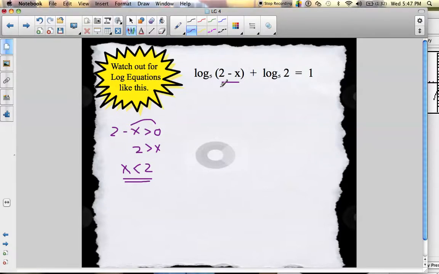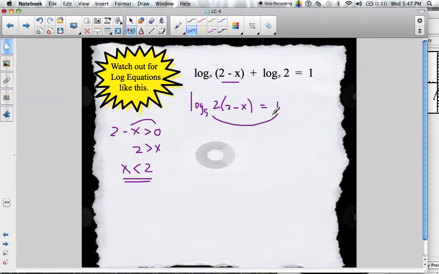So let's do our math here. So we have a plus between our arguments. So that means we're going to multiply these two arguments. So we have log base 5 with that 2 times (2 minus x), and it equals the 1.